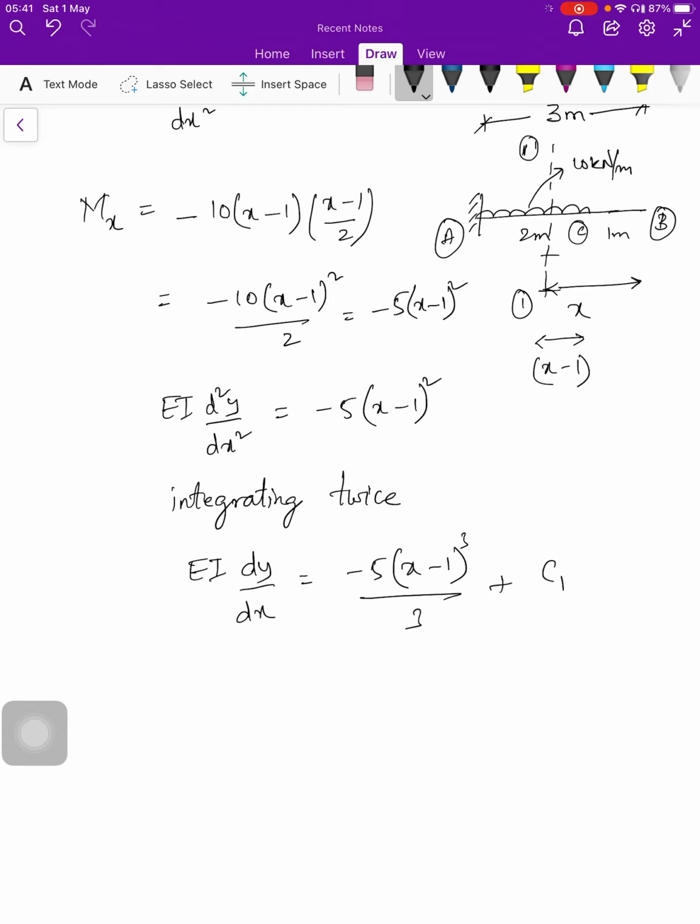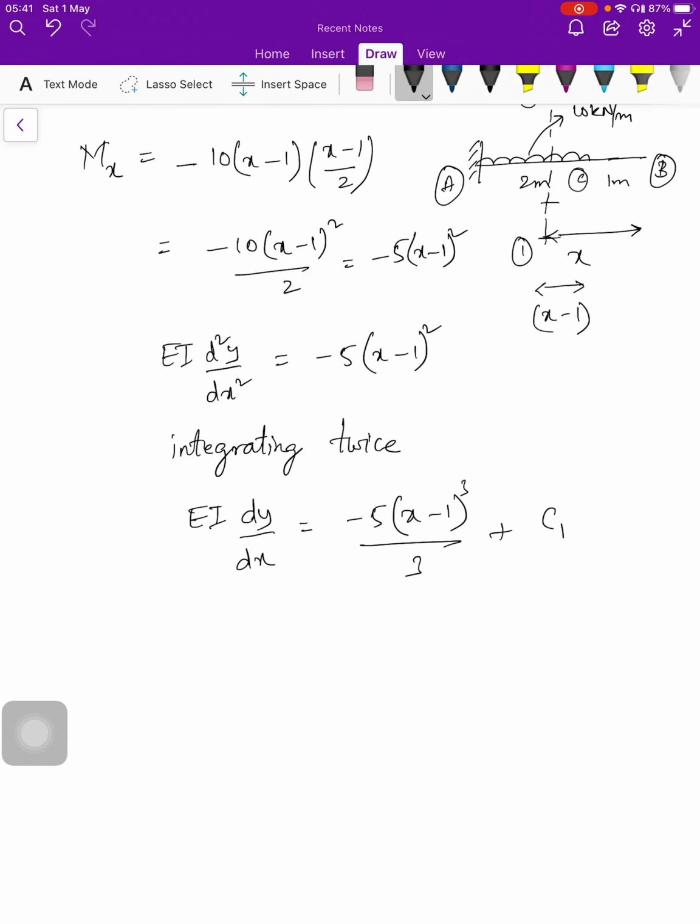Again, if you see, the integration of (x minus 1) squared should be (x minus 1) whole cube by 3, and there is no need of taking any inner derivatives, and also no need to open the brackets and solve the problem. Similarly, EI y is equal to minus 5 into (x minus 1) whole power 4 by 12 plus C1 x plus C2.